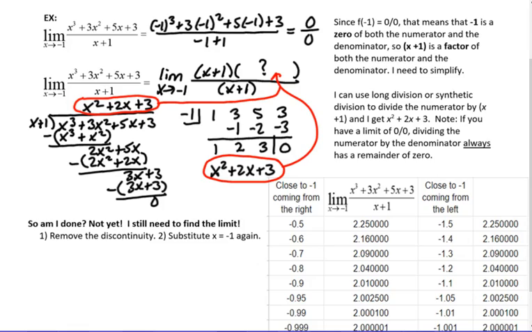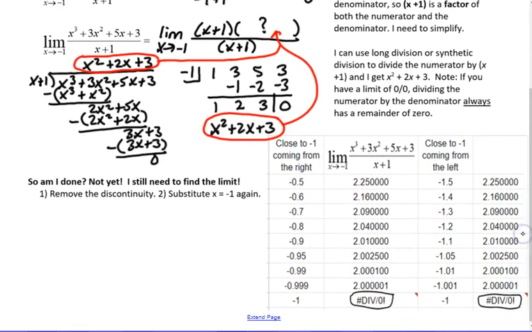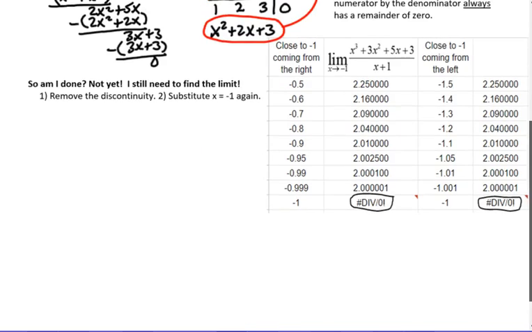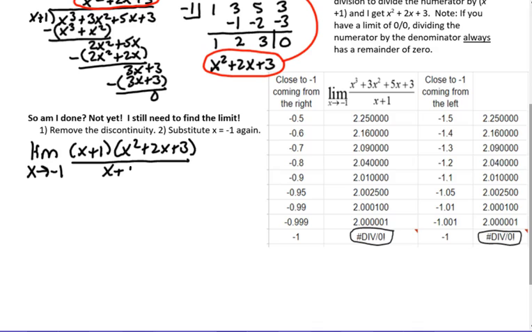Now, we're not done finding the limit. Now we're ready to find the limit. So now that we have factored the original rational function that is in this limit, we can rewrite this as x plus 1 times x squared plus 2x plus 3 in the numerator over x plus 1 in the denominator.